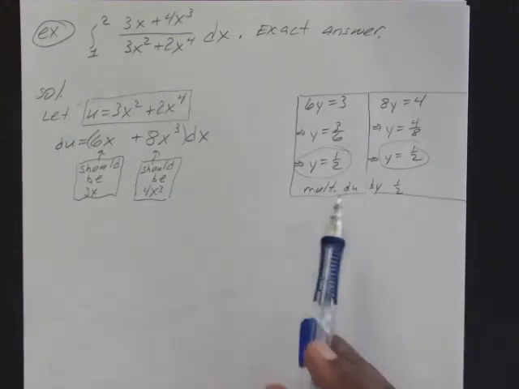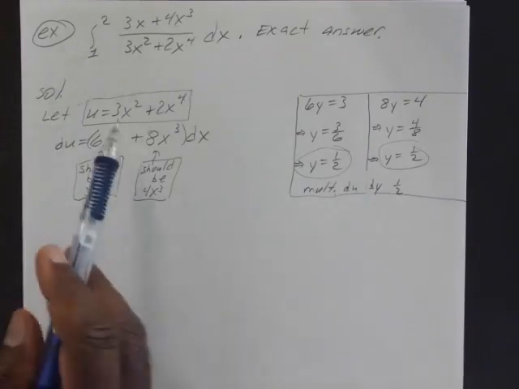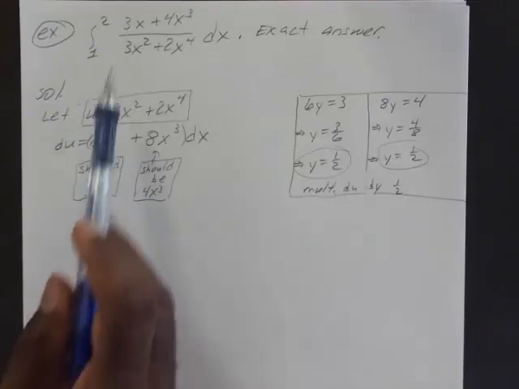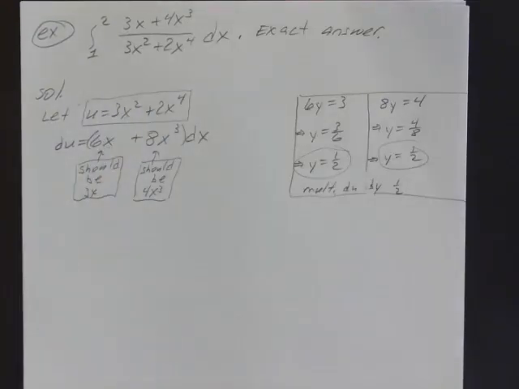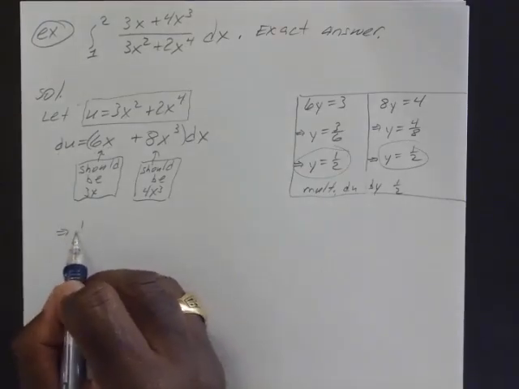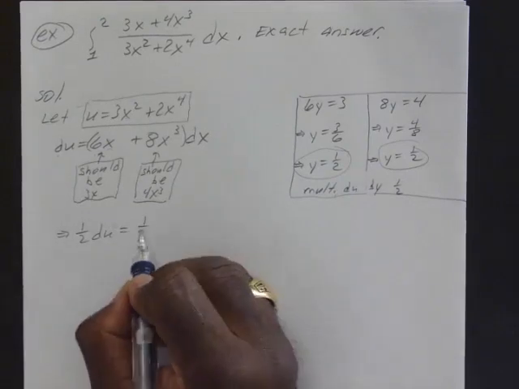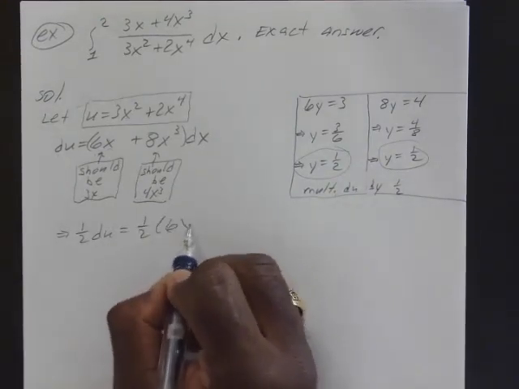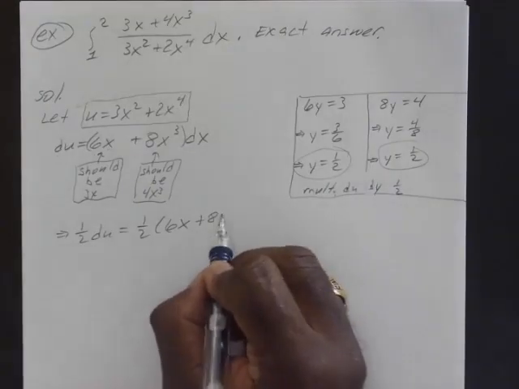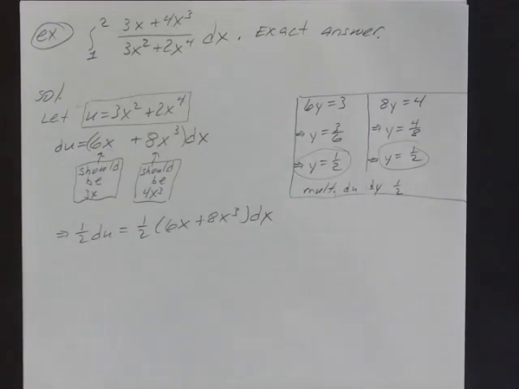Okay. And again, this is only necessary when you can't look at it and tell what you need to factor out of both of them to make them match. Even though we could look and tell, yeah, we just factor out a 1/2. So that means your 1/2 du is equal to 1/2 times 6x plus 8x to the third power with respect to x.